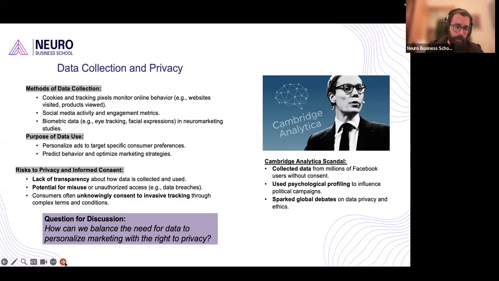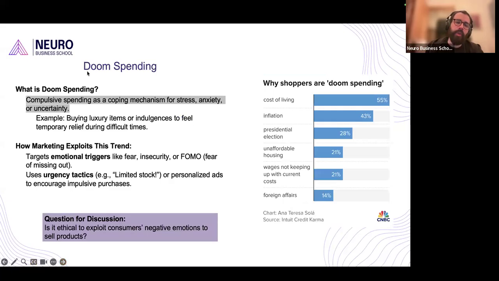Okay. Well, do you know what doom spending means? Do you know this concept? Doom spending is something that happens especially in moments of crisis. For example, this happens during an economic crisis, or in the case of coronavirus, that was an economic crisis too, but was a medical, health crisis.